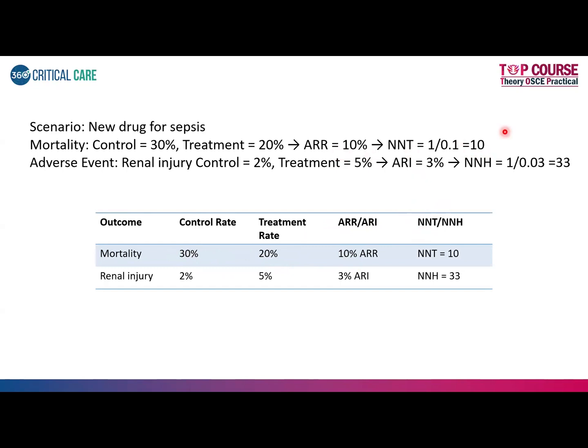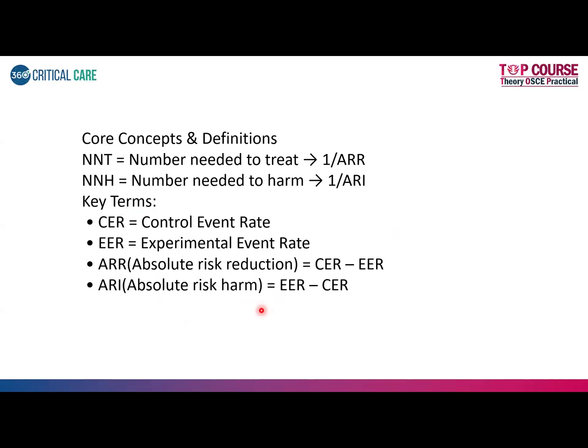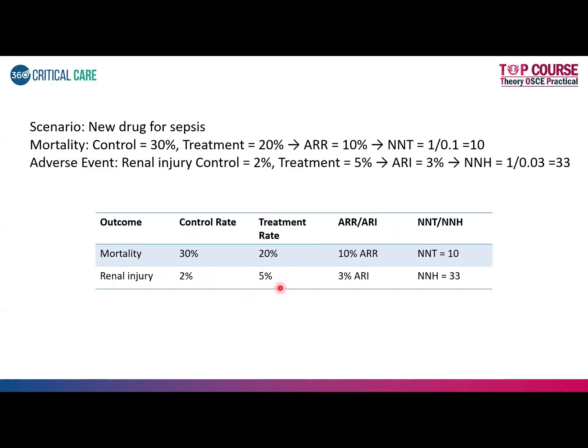Now, the adverse event. Suppose this same drug causes renal injury, and the renal injury is 2% in the control group, but in the treatment group it is 5%. That is higher, correct? So the absolute risk increase is the experimental rate minus the control event rate: 5% minus 2%, which is 3%.